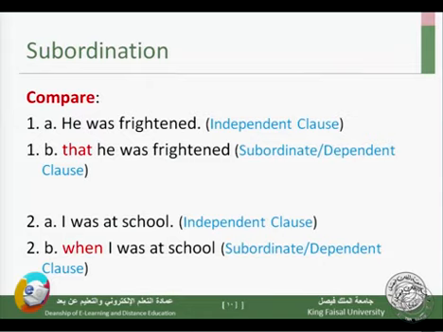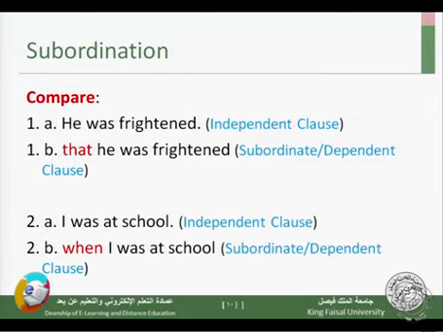In number 1b, that he was frightened, this is not an independent clause. It cannot come alone as a full sentence. It is subordinate or dependent. It is dependent on another clause that must be added to. So we need to add that he was frightened to another clause, to a main clause, to appear as a full sentence.